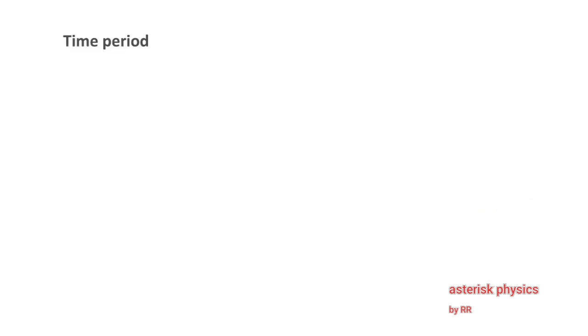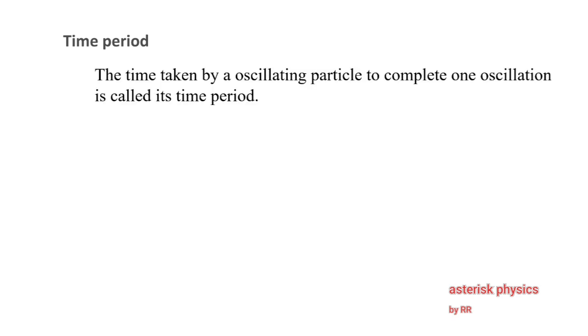The next term is the time period of simple harmonic motion. So what is time period? The time taken by an oscillating particle to complete one oscillation is called its time period. Now the question is, what does one oscillation mean?